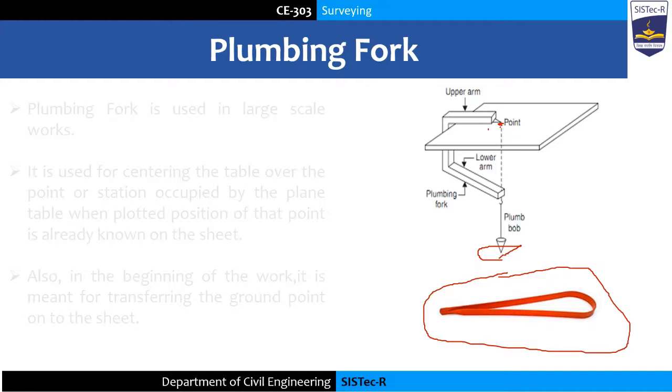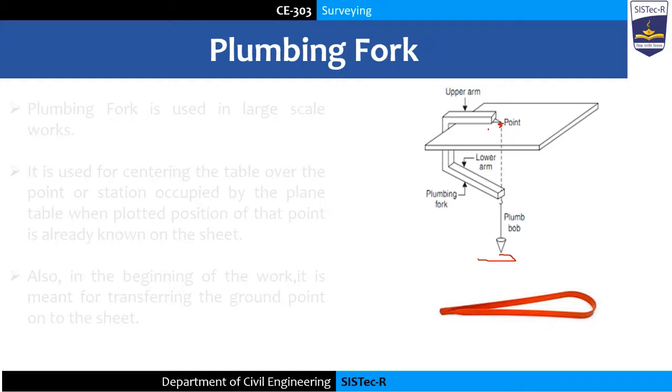Another thing that you can do is transfer the point from the ground to the sheet. Also, in the beginning of the work, it is meant for transferring the ground point onto the sheet. Suppose you have some point on the ground and you want to locate it here, so you will use this plumbing fork.